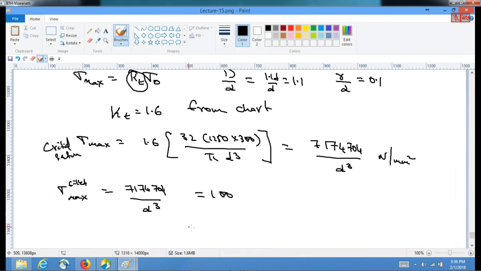Upon solving this, you get d equal to 41.6 mm. So if you solve the problem in this manner, you design for the stress concentration factor.